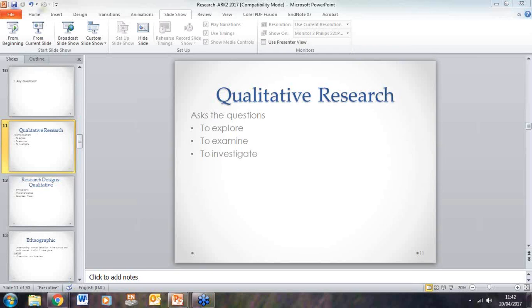So what is it exactly that you're trying to find out? That their experience in first placement will be more valuable, more worthwhile? So we've got lots of different measures there, and this is where we go back to that research aim and research objectives.